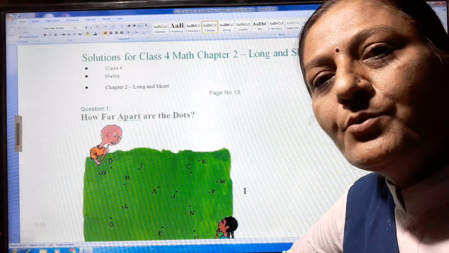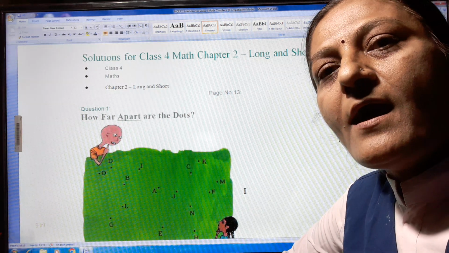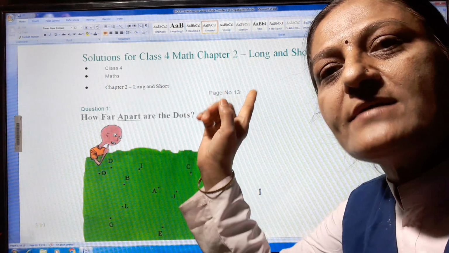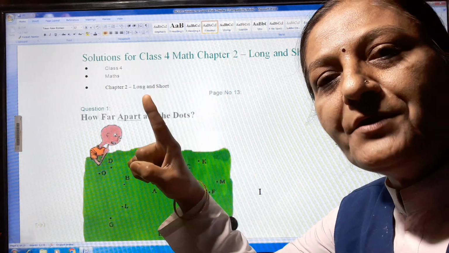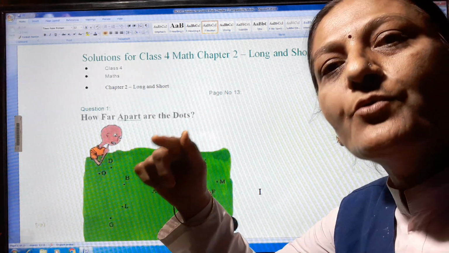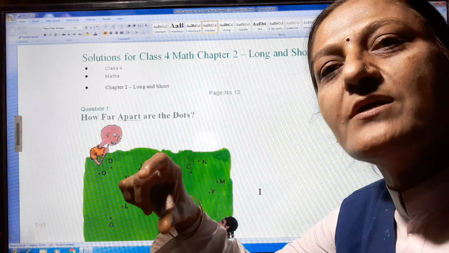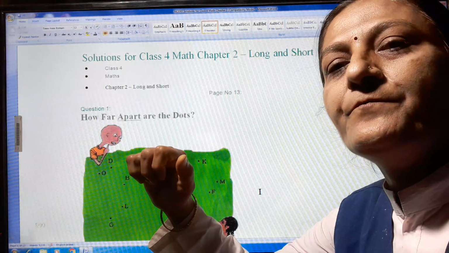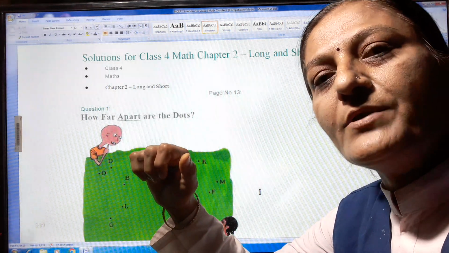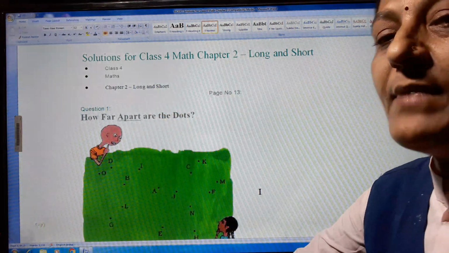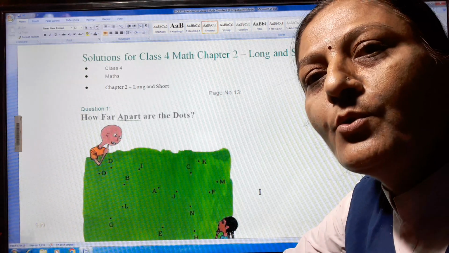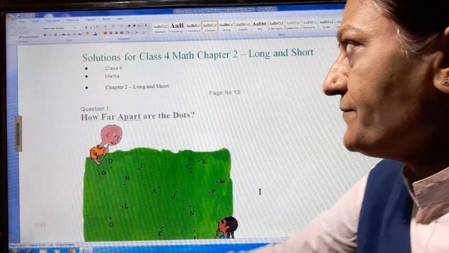Today I will start the question answers from question 1, page number 13, and you have to note down all the questions in your notebook. Okay, so let us start the solution of Mathematics chapter 2, Long and Short.